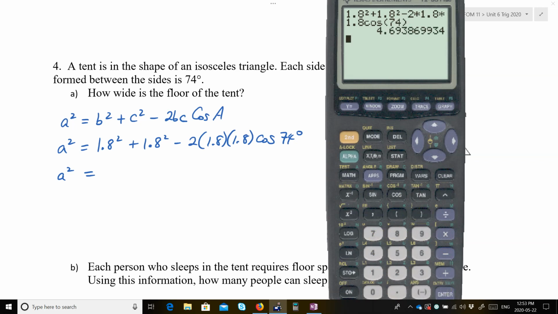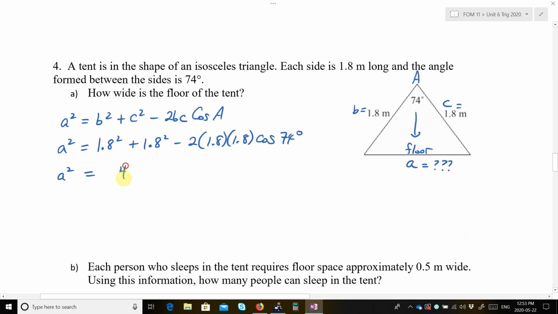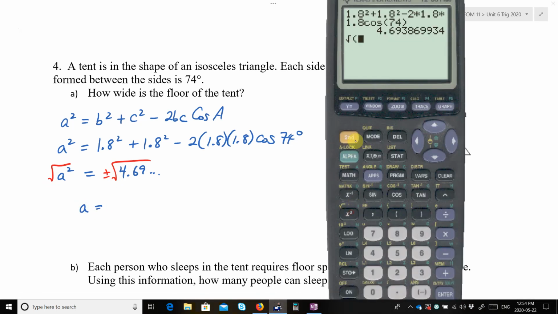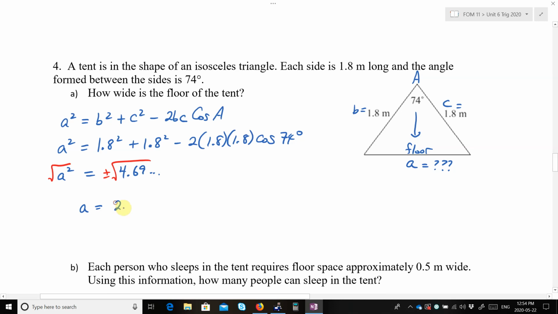Bang. 4.69 and a bunch of stuff. To get A by itself, square root, plus or minus. A is a length, so I'm going to drop the negative answer, and I'm going to get the square root of that answer, 2.2 to 1 decimal place. Meters.